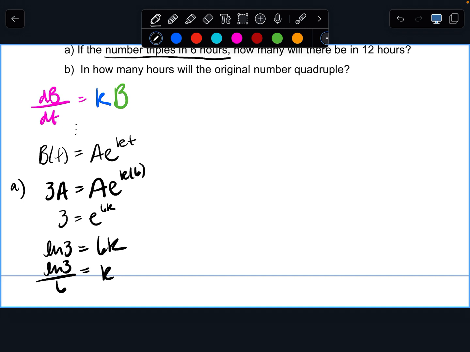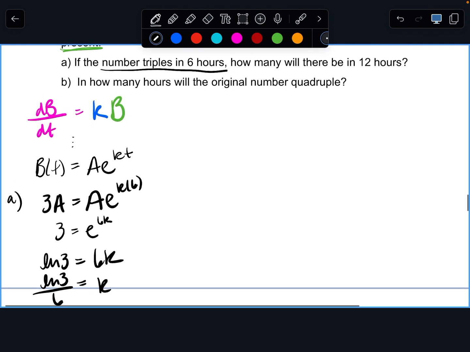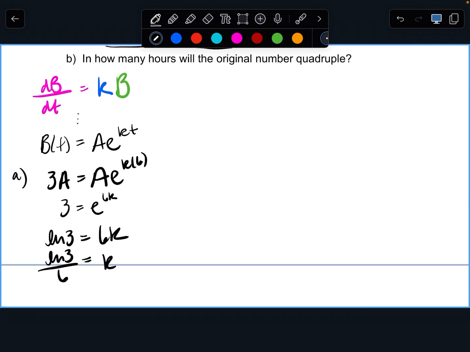So that's the K value, and it says how many will there be in 12 hours? So I guess I solved for K. I just kind of went with it. I didn't really have an end plan. I just hoped it worked out. And then now I need a total population. So it seems like the bacteria is what I don't know.